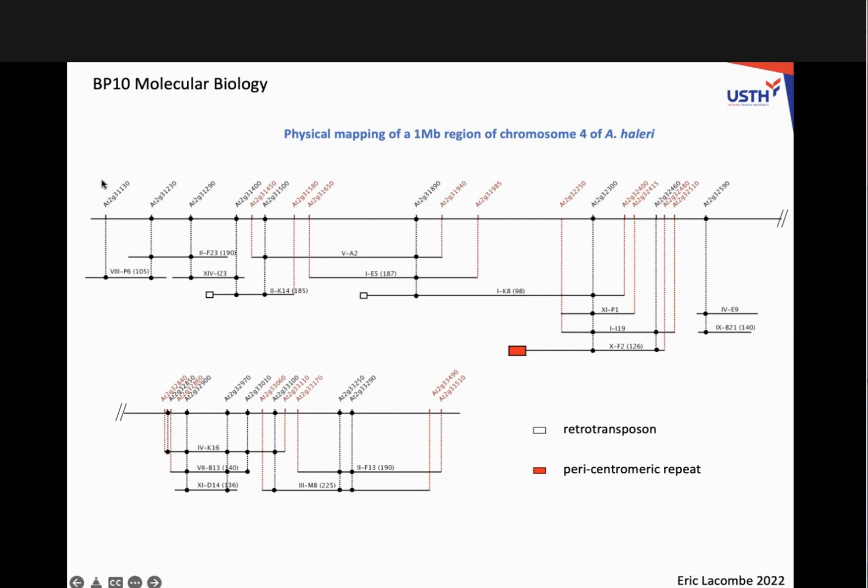So we can take advantage of the conserved synteny between different species in order to reconstruct the genome sequence. Since the order of the genes is mostly the same between these two species, we can use this order to order different genomic fragments relative to each other, and then reconstruct the whole genomic sequence.